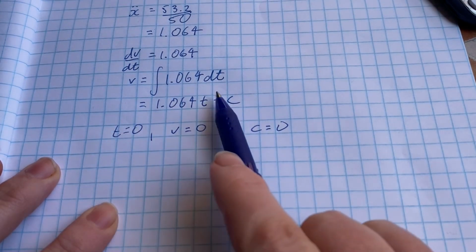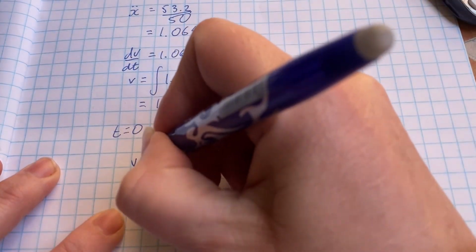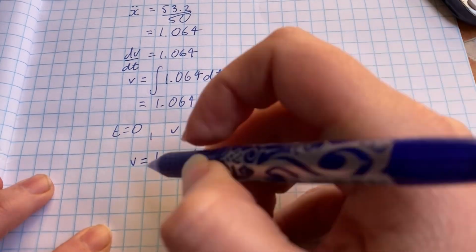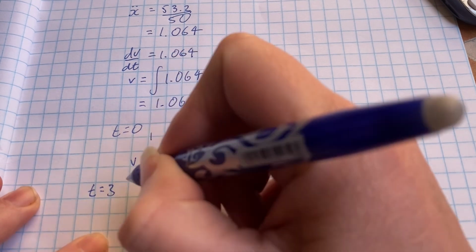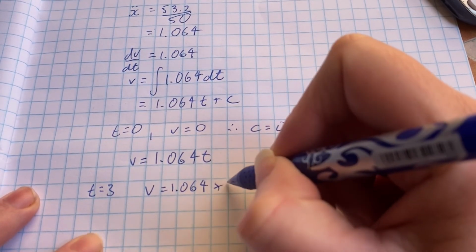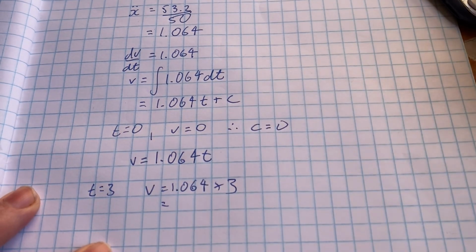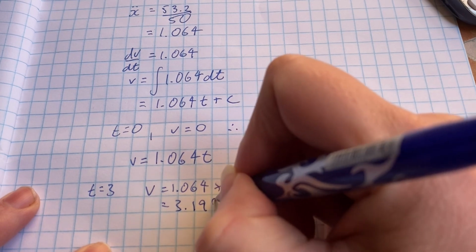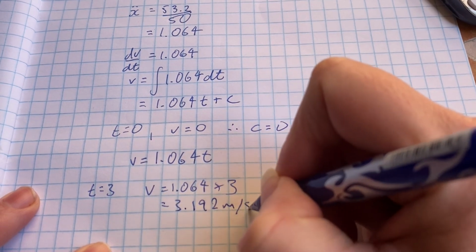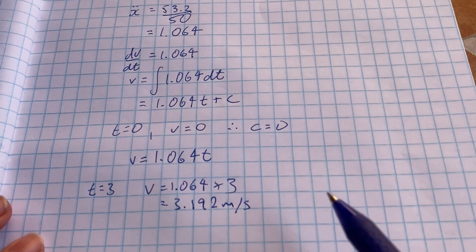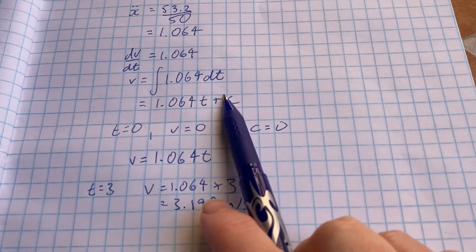So v equals 1.064t, and we were asked after 3 seconds, so when t equals 3, velocity is 1.064 times 3, and that is equal to 3.192 meters per second.